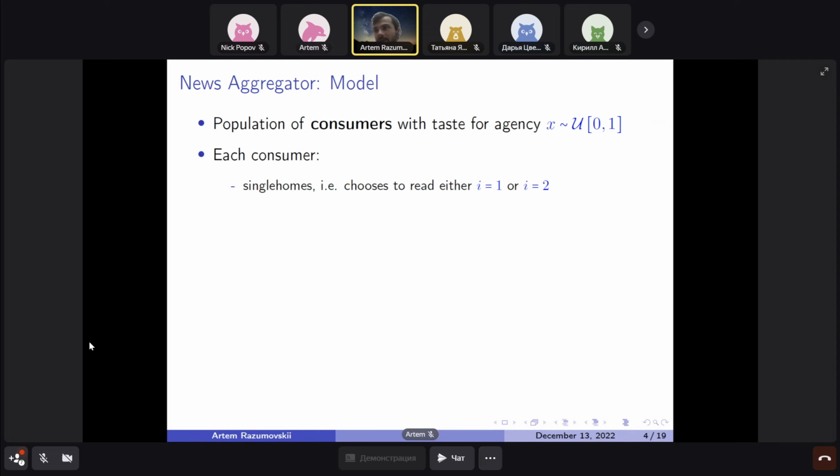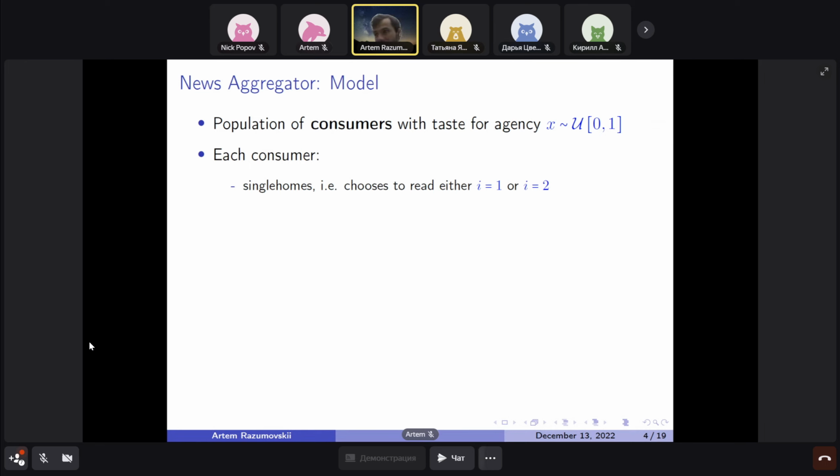Now let's consider the consumers. I already wrote that they have their own initial taste between agencies, with this X uniformly distributed from 0 to 1. If you're close to 0, you will prefer the first agency more. If you're close to 1, you will prefer the other agency. Let's say 0 is the newspaper Metro, and 1 is Komsomolskaya Pravda.